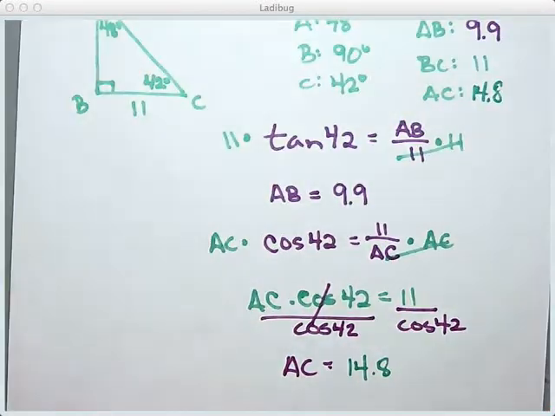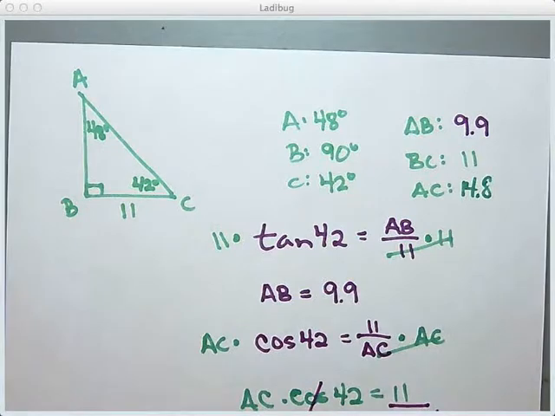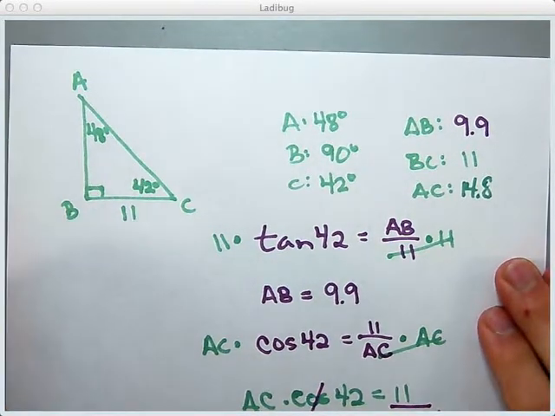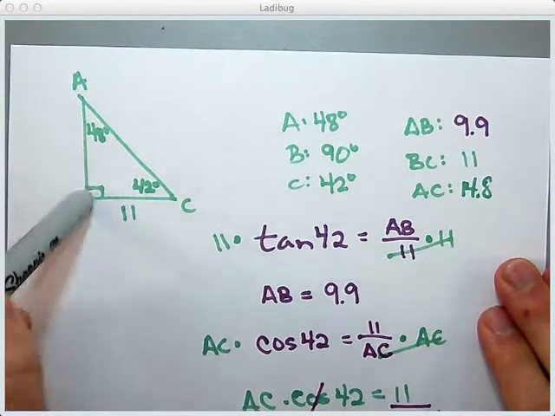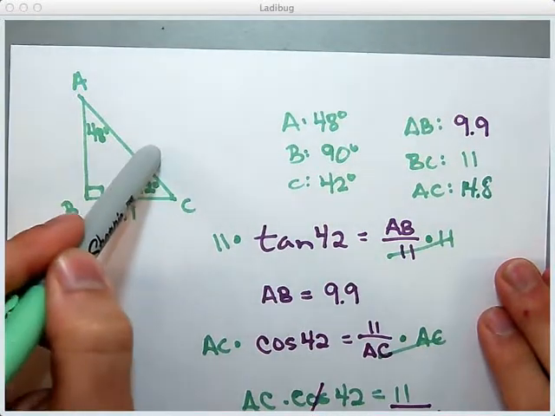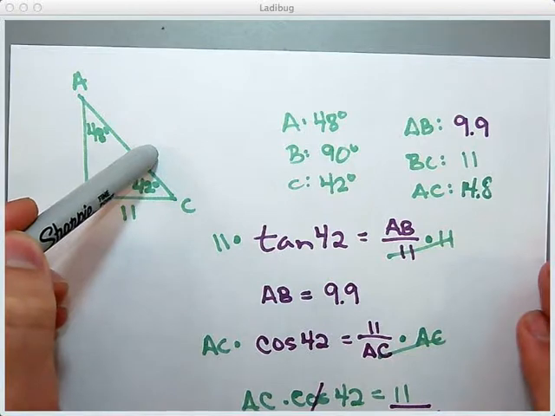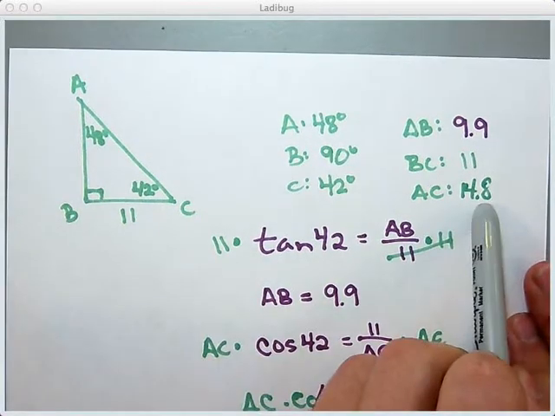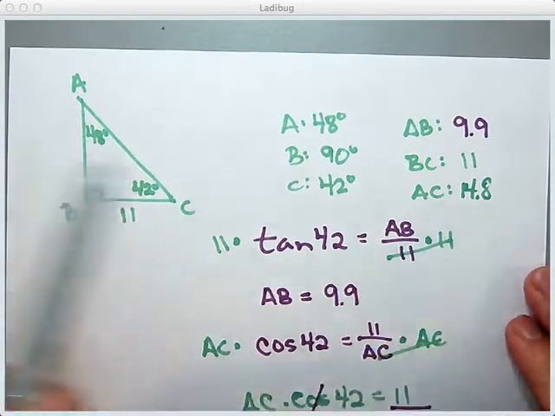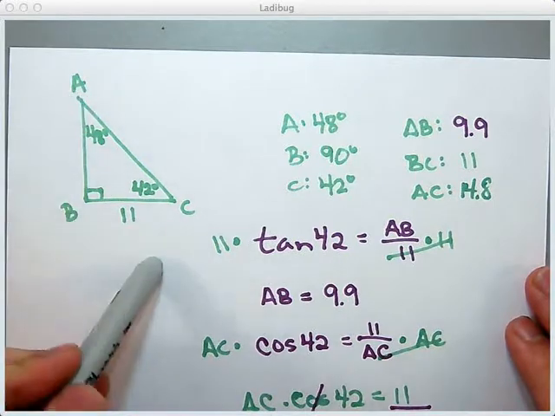Lastly, I would advise checking your answers, because based on these, we know that the angle opposite of the hypotenuse, or the angle opposite of the 90 degrees, is the hypotenuse. That side should always be the longest, and if that's not the longest, you know you've done something wrong. And then the next longest should be opposite of the next biggest angle.